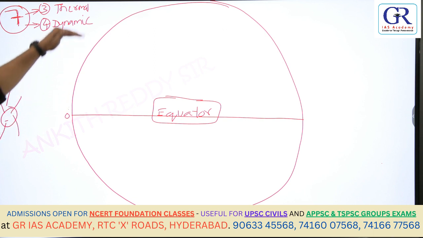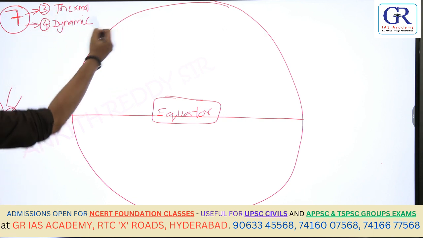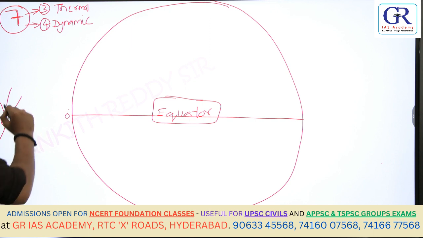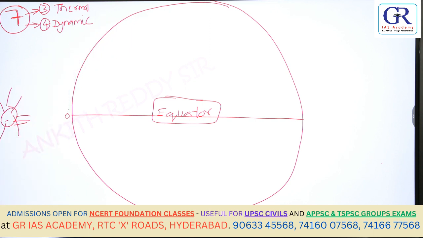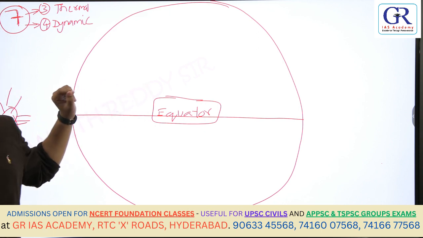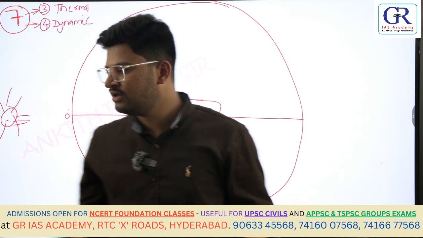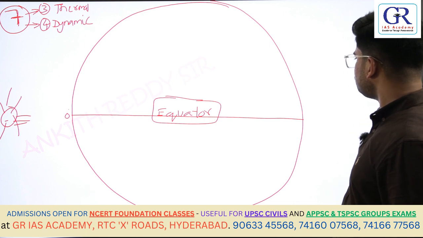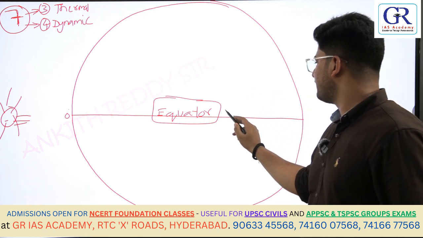As you move towards the poles, since the sun rays are slanting, whereas here they are direct, at higher latitudes they slant. So since the heating is maximum at the equator, temperature is high.